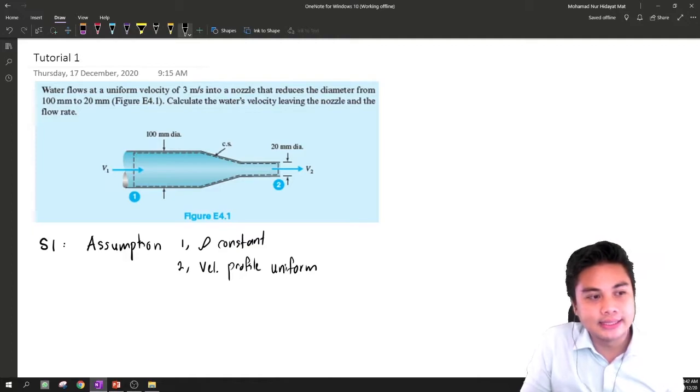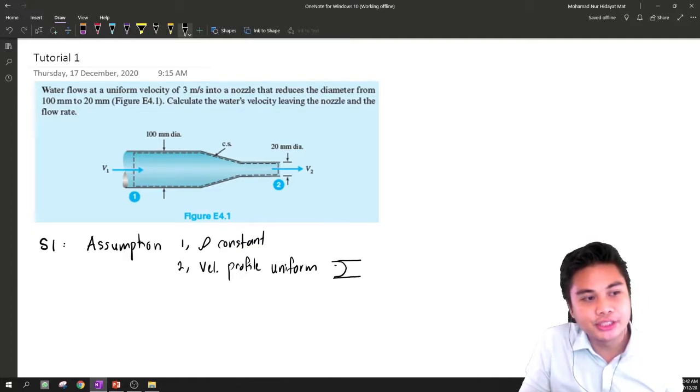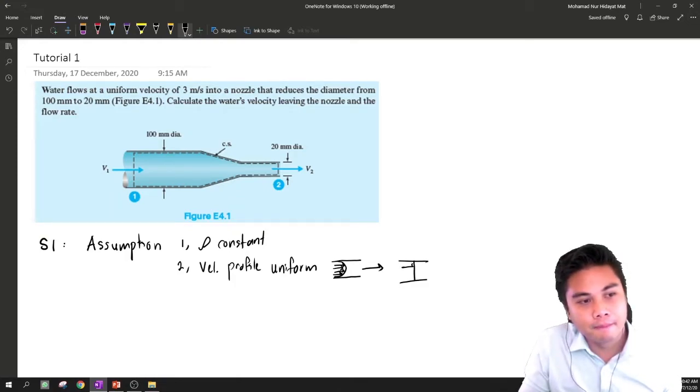In the real case situation, we have shear stress, so the velocity profile is not uniform like this. Here we assume the velocity across this control volume is uniform. That means there is no shear at the wall.